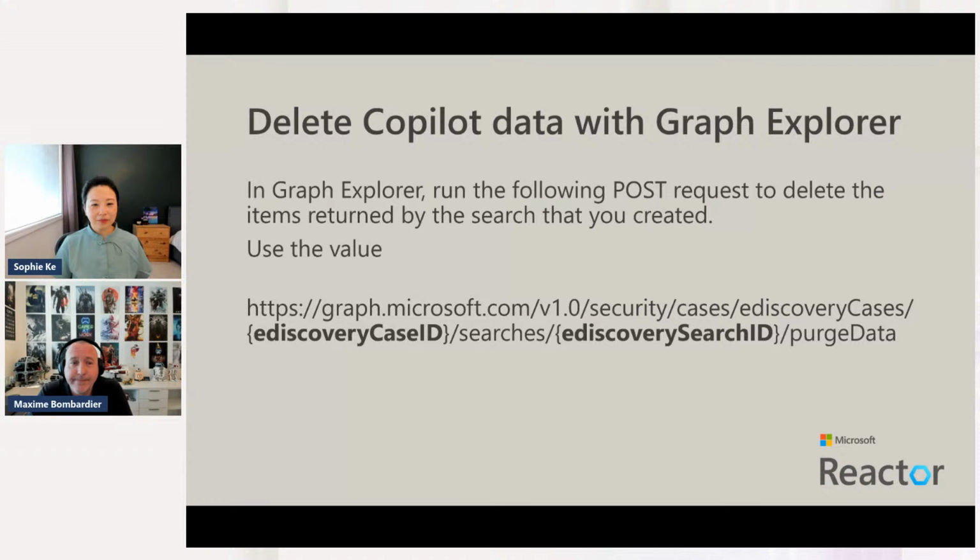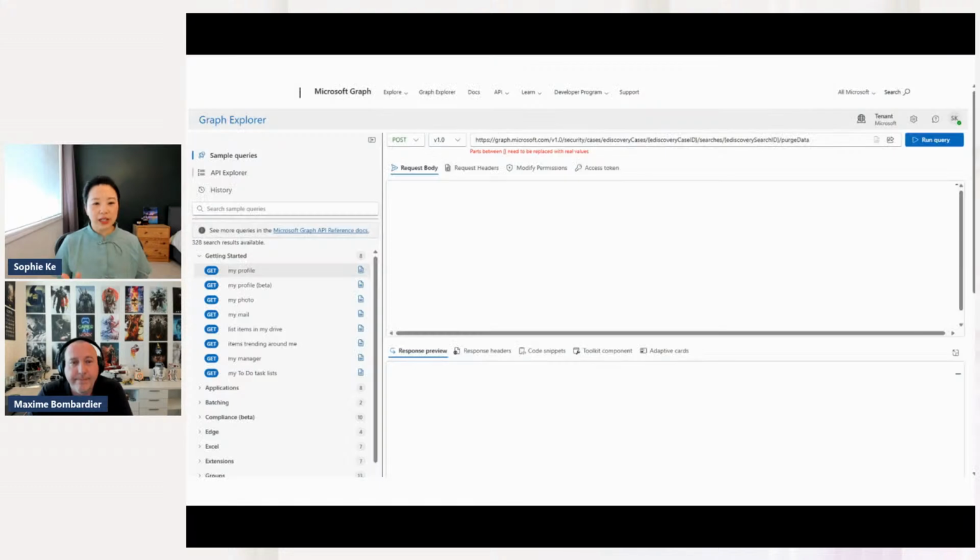Definitely. All right. So if you're going the Graph Explorer route versus the PowerShell route, you can go to the Graph Explorer, run the following POST request, and delete the items returned in the search you created. So it looks something like this, right?